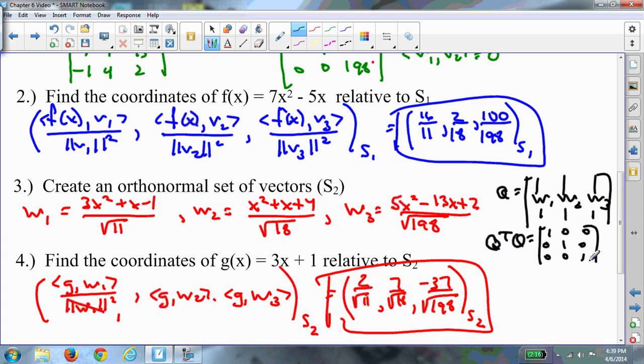Because W1 inner product itself would be 1, and W1 inner product W2 would equal 0. So Q is what's called an orthogonal matrix. A little bit confusing: an orthogonal matrix is actually made up of orthonormal vectors, not orthogonal vectors.